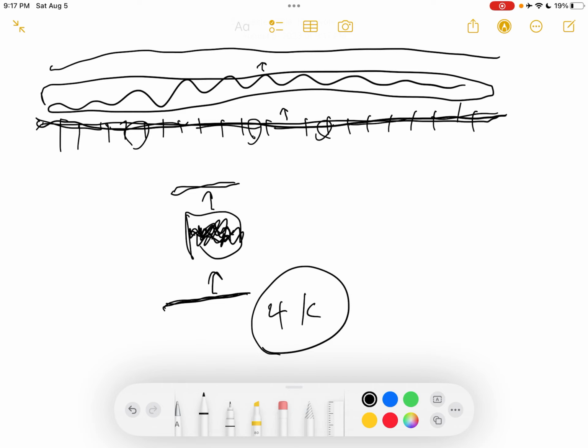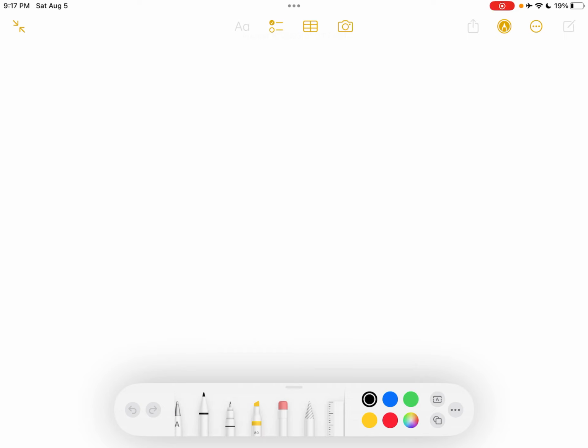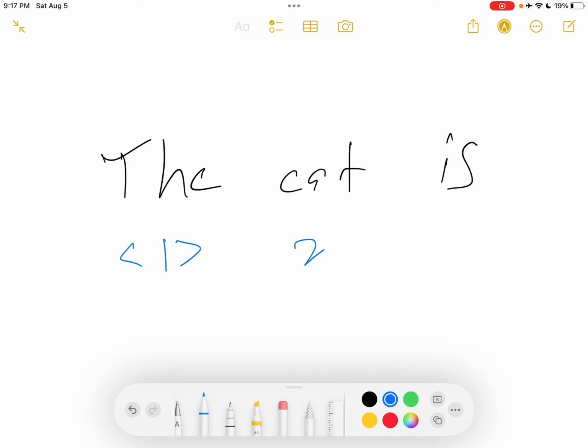Okay, so what we discovered in ALiBi is that when you do this thing with transformers, where you have a sentence, and then to every word you add a position representation, we're feeding in these position representations not because it's really important right now that cat is at 2 or is is at 3.